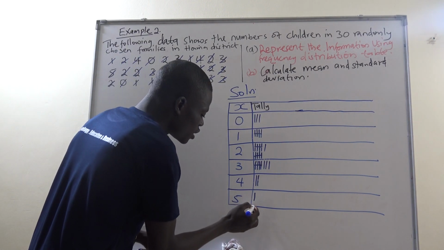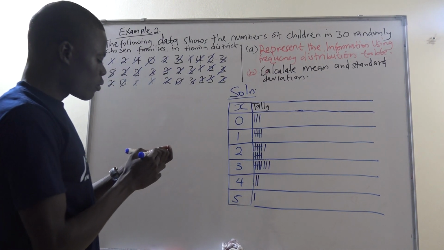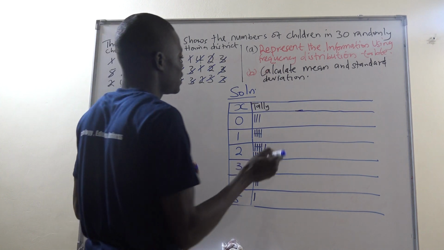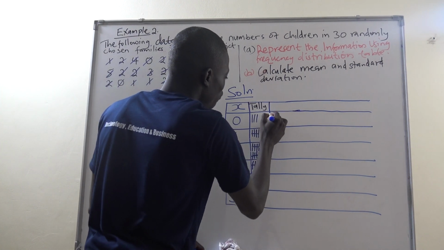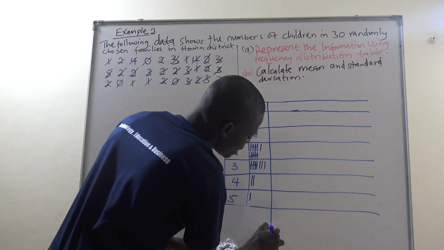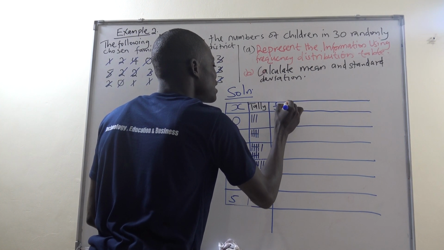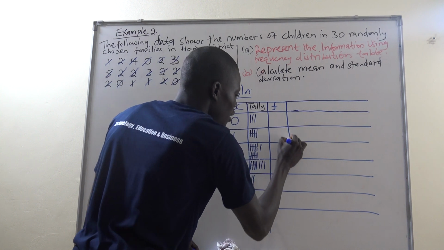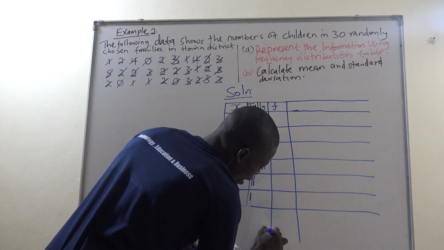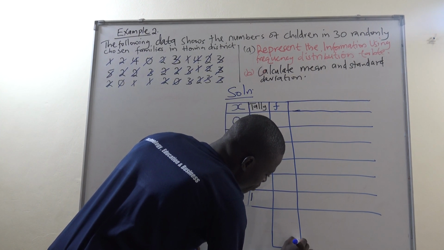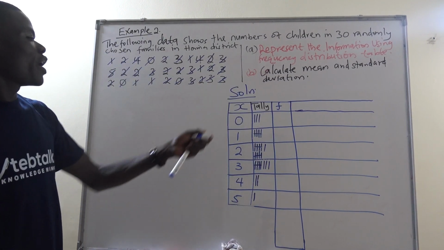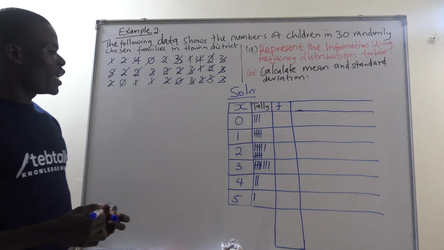So immediately we finish that, we said we include what we call frequency. The column for frequency is then included, and we said frequency, present it as F. And this frequency is representing the number of times each variable is appearing.